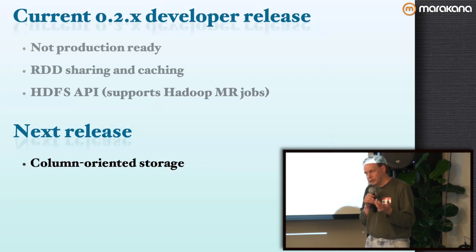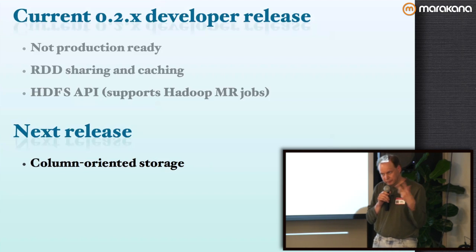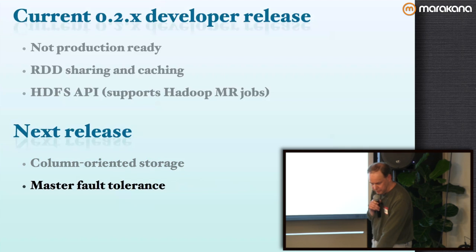So if you thought about it before, you would read your Shark data off from HDFS, and change it over to columnar storage in RAM, and then have to write it back out to the non-columnar storage format in HDFS. Eventually with Tachyon, you'll be able to take that converted columnar store and put it directly as a raw table into Tachyon, and then not pay that kind of reorganization cost multiple times.